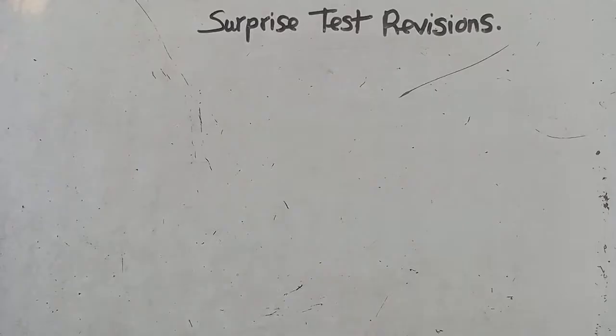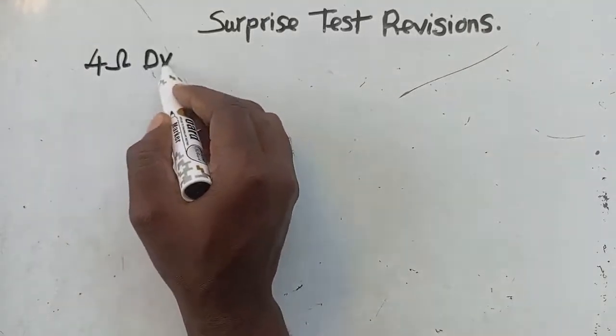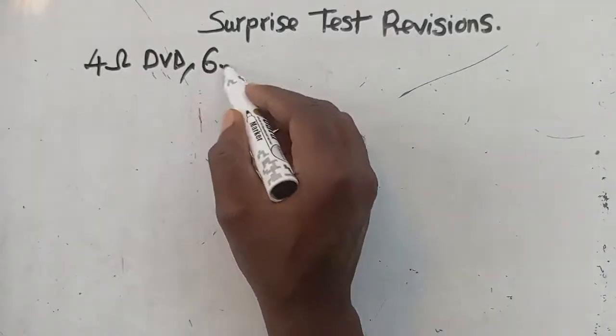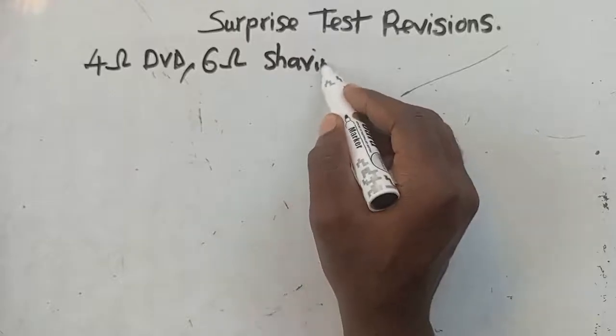The question is saying, a 4-ohm DVD and a 6-ohm shaving machine. So this is what we are given.